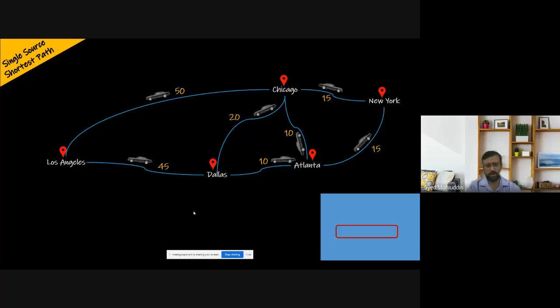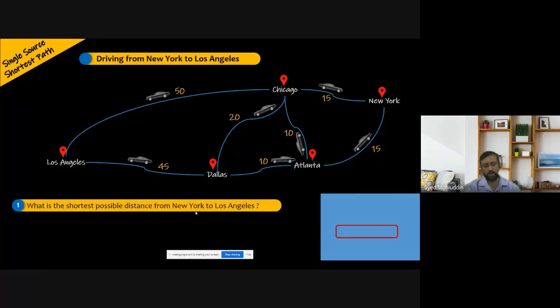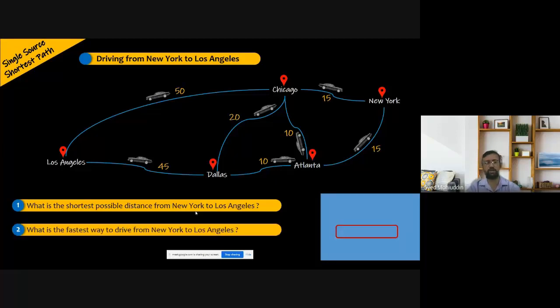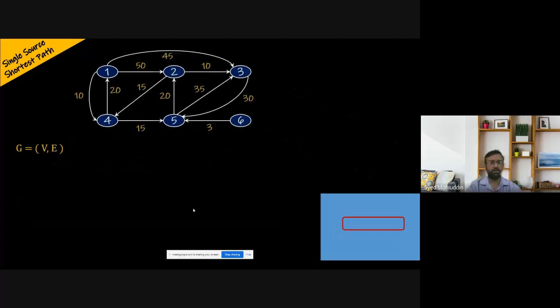This is another example, of travel time when driving. The earlier example was airfare. Instead of traveling by air, if you want to drive, then the same questions can be answered using the single source shortest path solution. Let us consider this as an example graph.